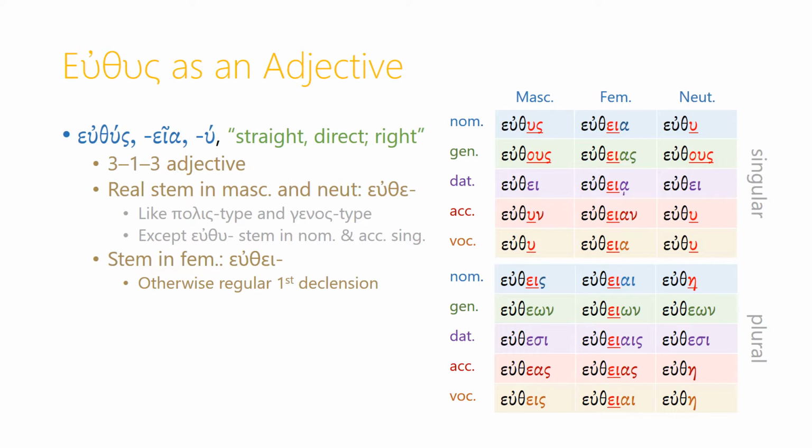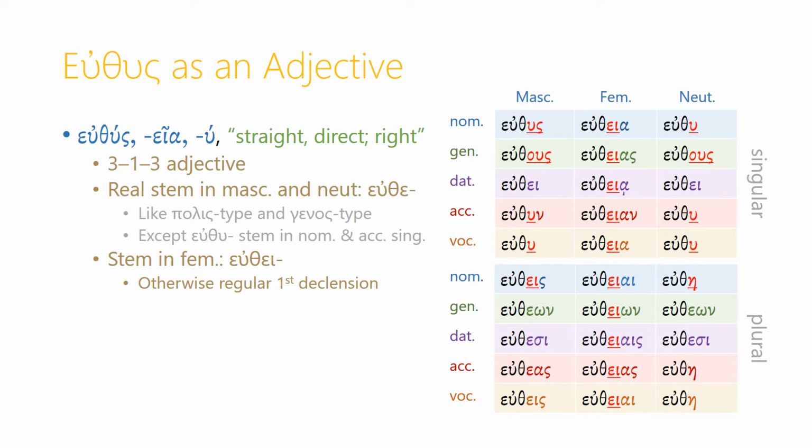It's euthous with an omicron upsilon. And if the stem is euthe, then we would expect the dative form euthei. The accusative, though, brings the upsilon back to the end of the stem, and instead of euthin, it becomes euthun, and the vocative becomes euthu.